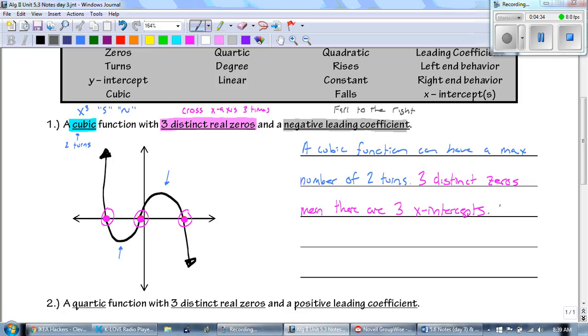So a negative leading coefficient means the function falls for the right end behavior.